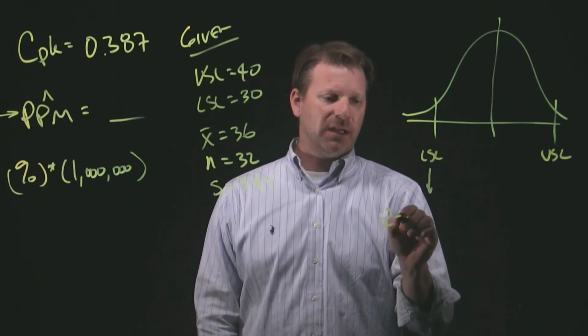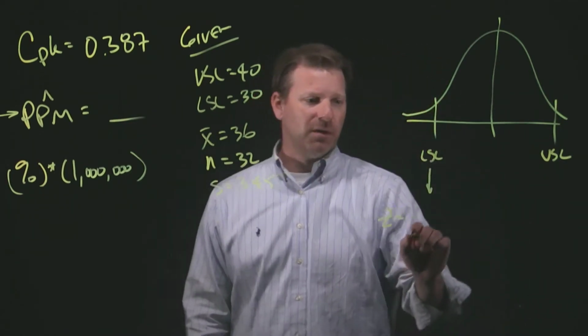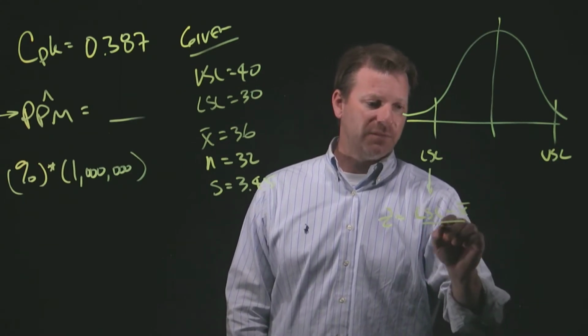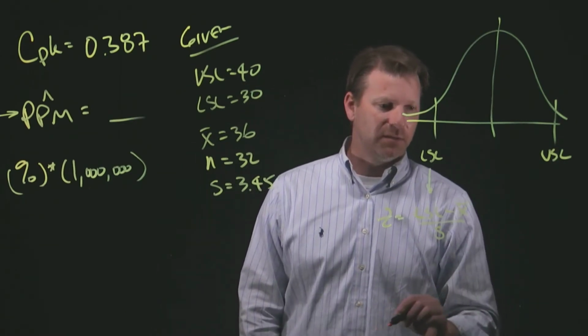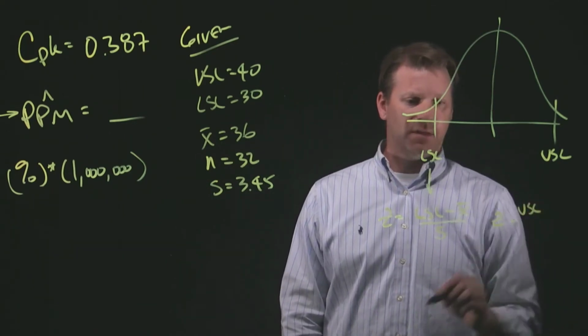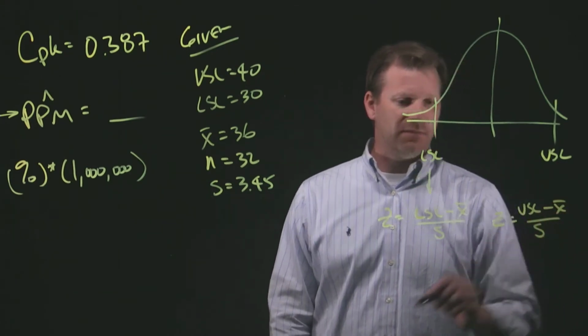For the lower specification limit, we take our lower specification limit minus our X bar divided by our standard deviation. Correspondingly, we find a z-value for our upper specification limit minus our X bar divided by our standard deviation.